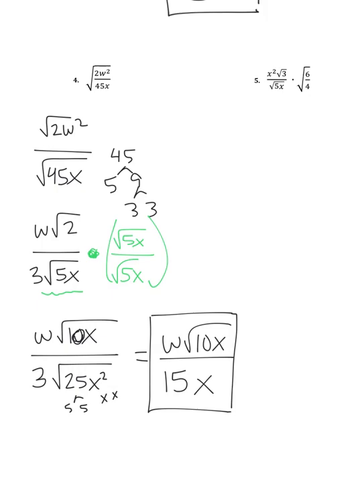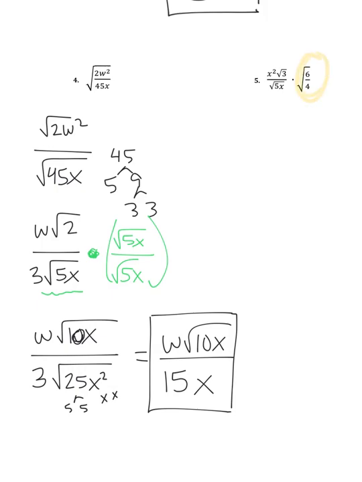So the last example in this video is number 5. I think this is a great time to pause the video, and I want you to try number 5 on your own. Okay, I will give you a little hint to get started because I am looking at the second radical. Let me highlight that.